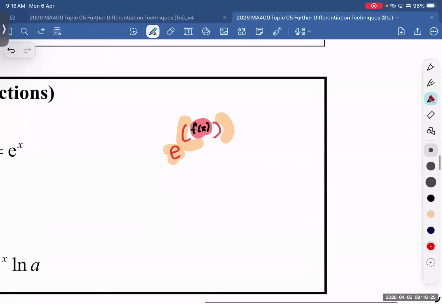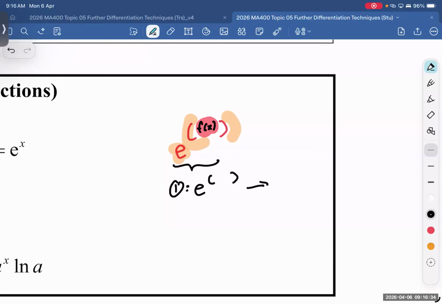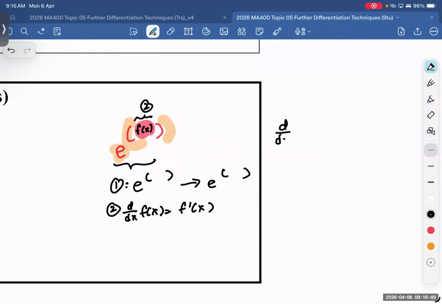So layer 1, layer 2. When we differentiate e power something, we get e power something. Layer 2, when we differentiate f(x), we get f prime. That's why the derivative of e power f(x) is f'(x) e^f(x).